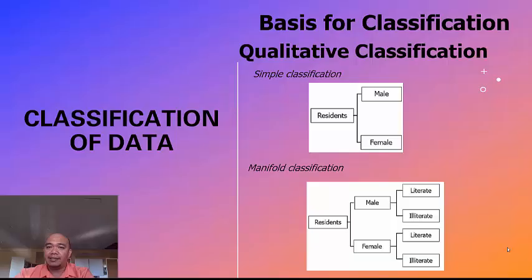The same with female, we can classify them as either literate or illiterate. So this is classifying our respondents more than once.